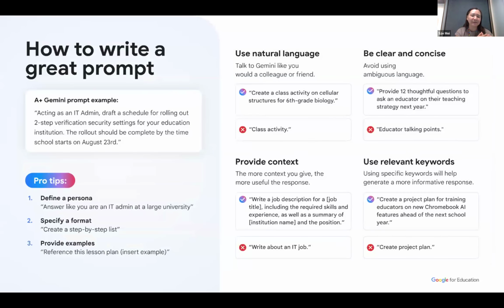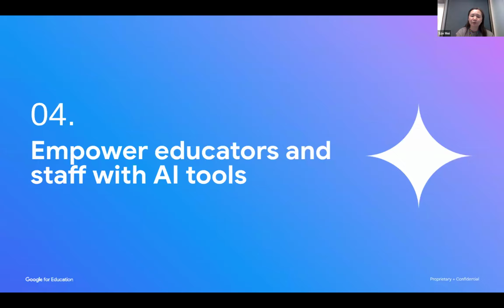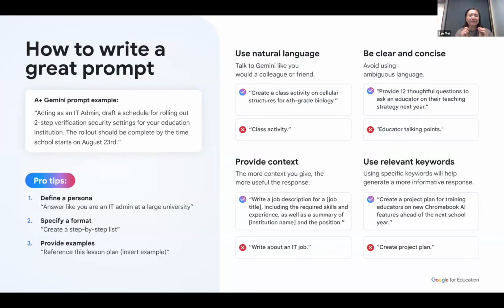Apart from having the PARTS framework, we also encourage you to use natural language. Talk to Gemini like how you talk to your friend, right? Provide context, give it as much information as you can, be clear and concise, and ultimately use relevant keywords. All right, I also want to add: keep your private info private.